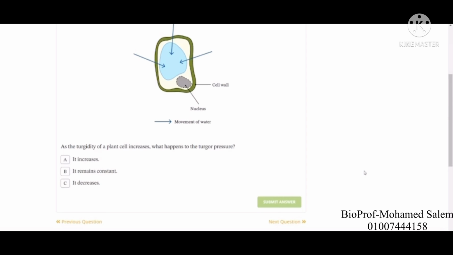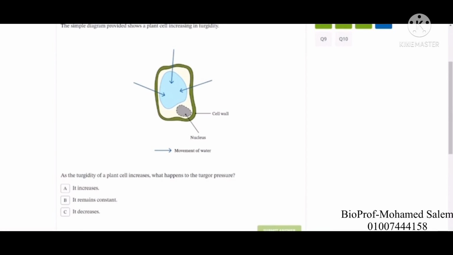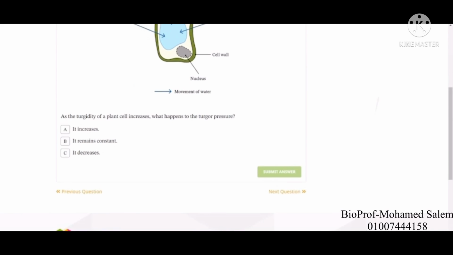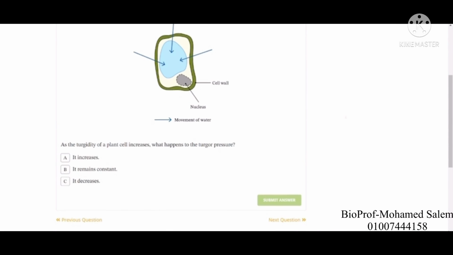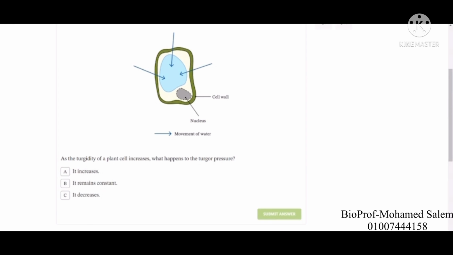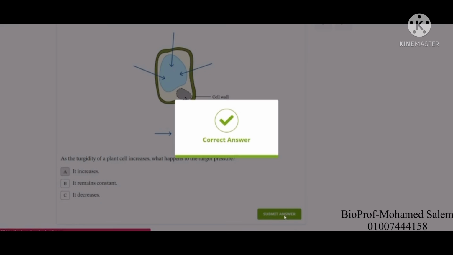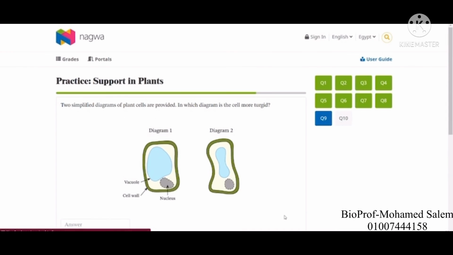The simple diagram provided shows a plant cell increasing in turgidity. As the turgidity of the plant cell increases, what happens to turgor pressure? We said that the pressure will increase as turgidity increases. So it will be the right answer.